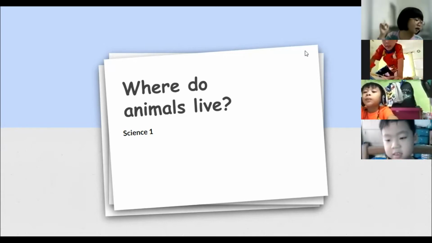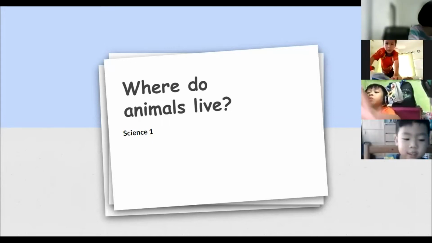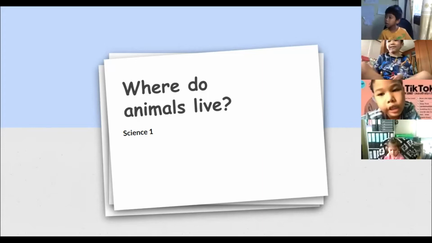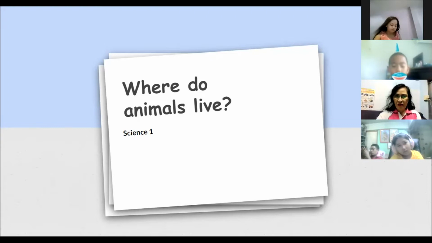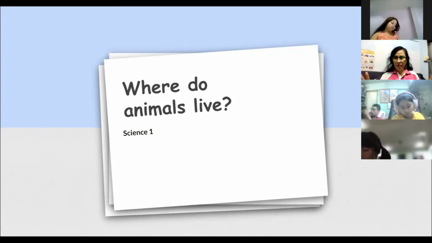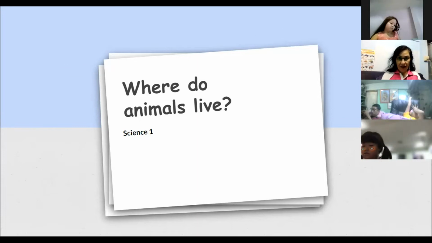Duck. Fish. Buffalo. Those are some examples of animals that we have around us. Different animals live in different places, so we are going to review first animals in their places.